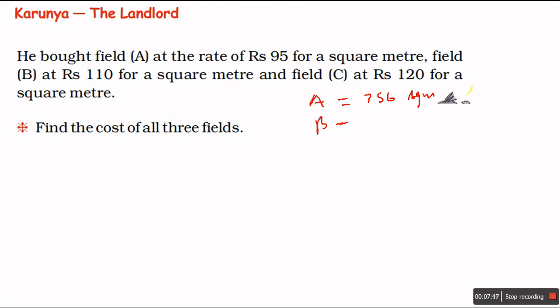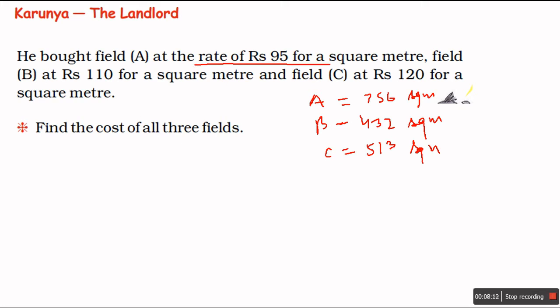Area of B, 432 square meter. Area of C, 513 square meter. Okay, so find the cost of all three fields.